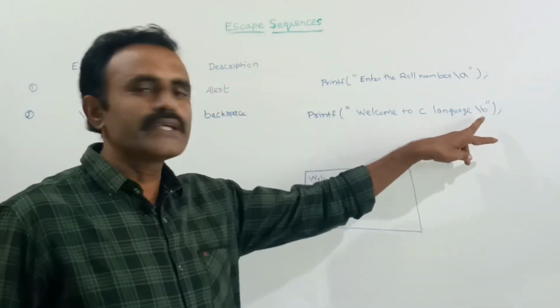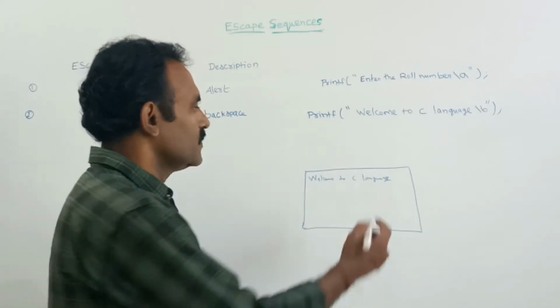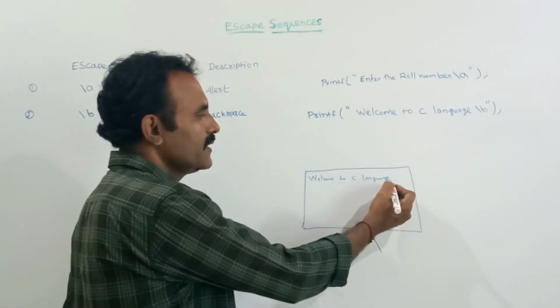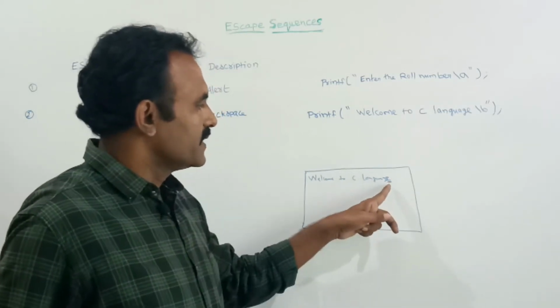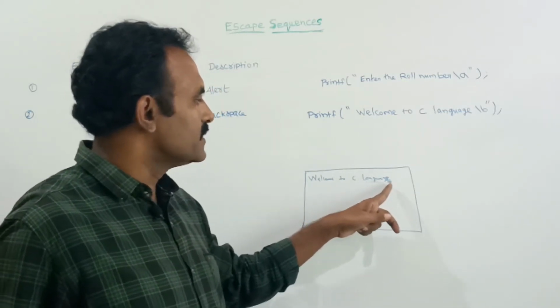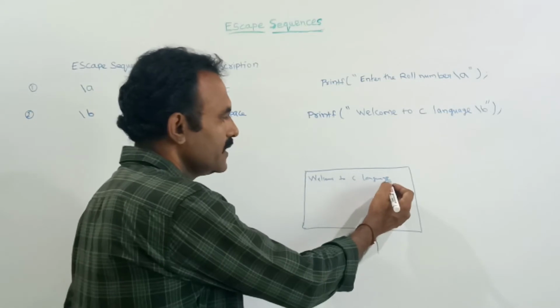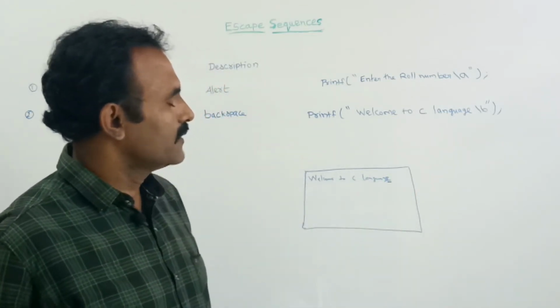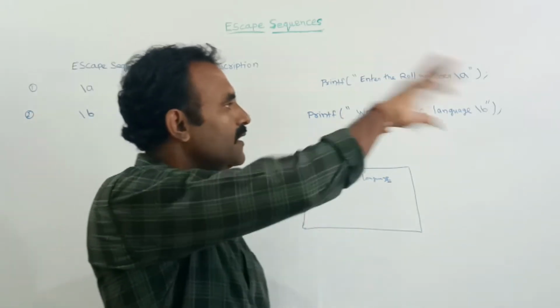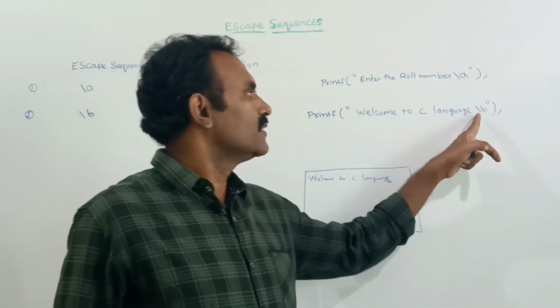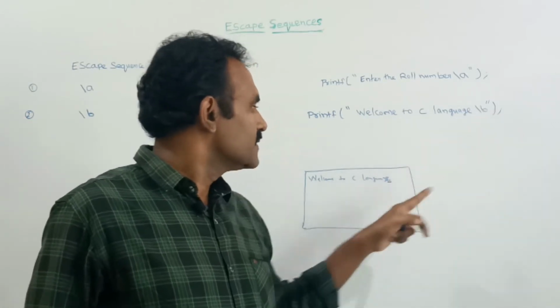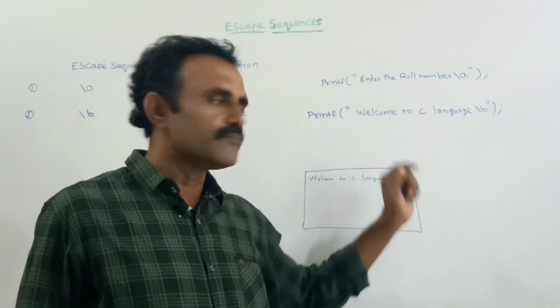Here I am using the backslash b, so the cursor will be one step back. Here it will be in the position of E in language, below the E, the cursor will blink. If it is at the end of the string and we use this \b, the cursor will be moved one step back.